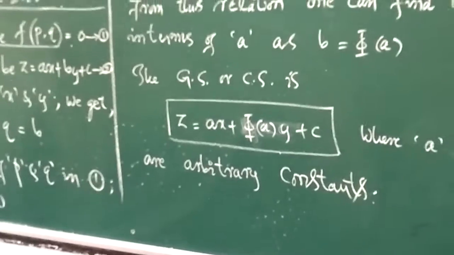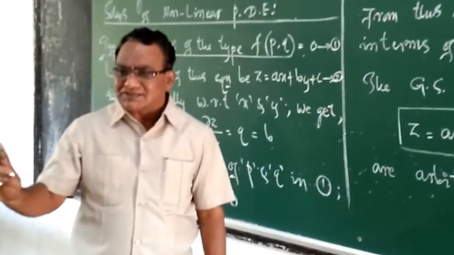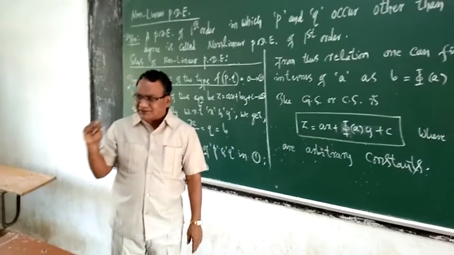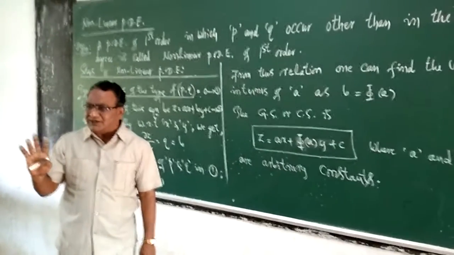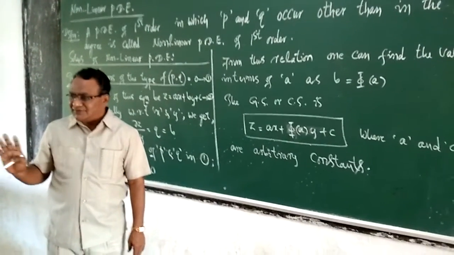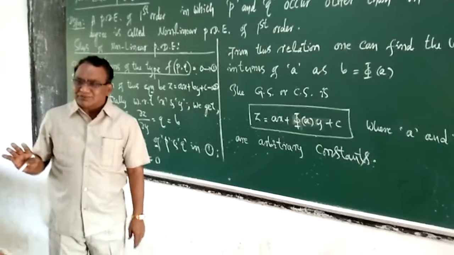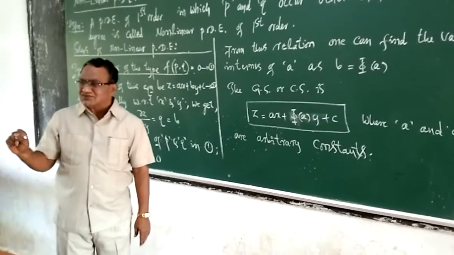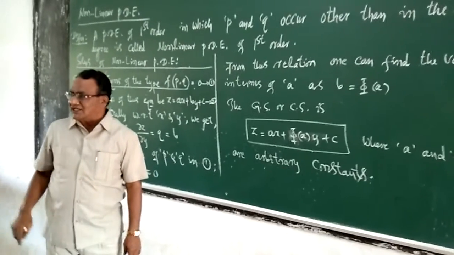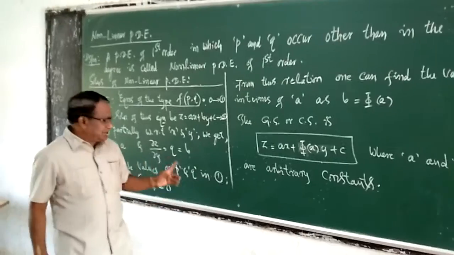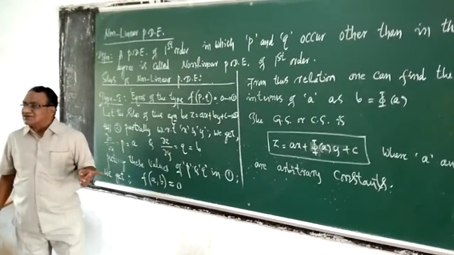So here the first point is you have to look whether it is type 1, meaning it must contain only p and q. If it contains only p and q, then it is of type 1. Then what would be the solution? One has to assume that z is equal to ax plus by plus c as its solution, so that p is equal to a and q is equal to b.